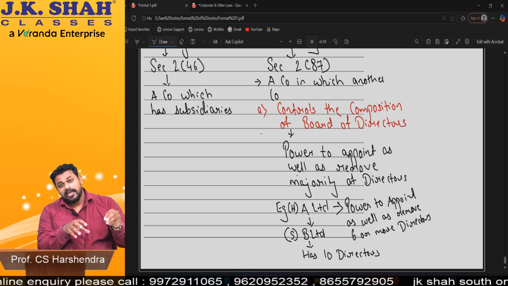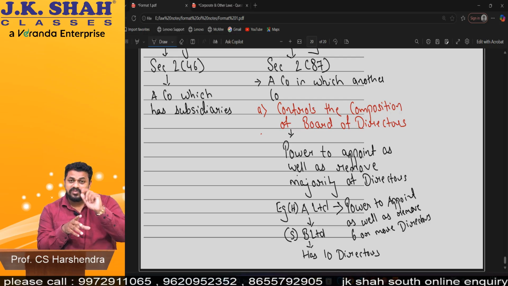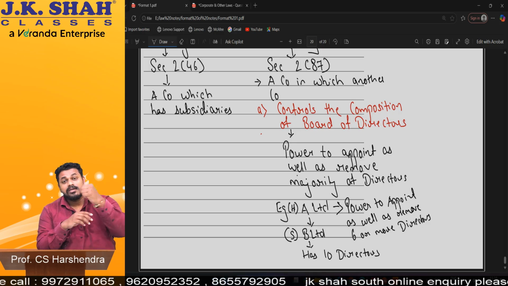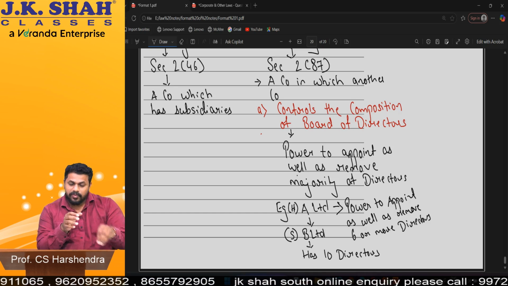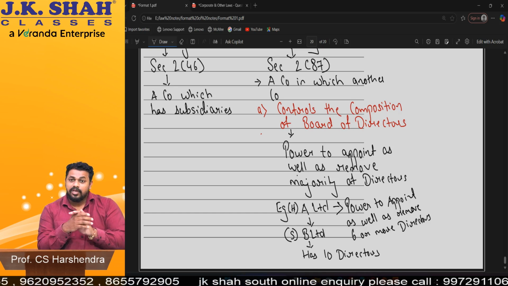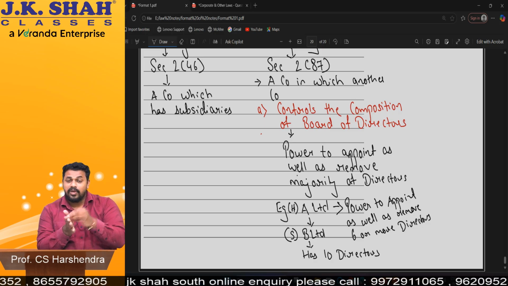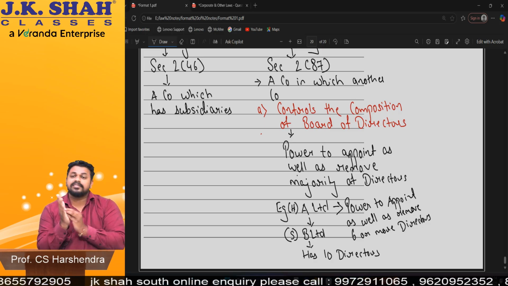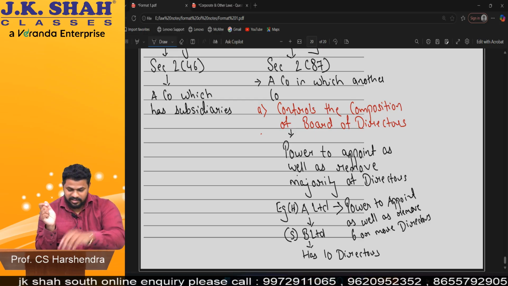Out of 11 directors, 8 directors will be appointed by ICAI Bank until the loan is repaid, and 3 directors, the minimum for a public company, will be appointed by the company's members. So tell me, was ICAI Bank the holding company of our company or not? Am I clear with this? Understood? Clear everyone? Yes? Okay.